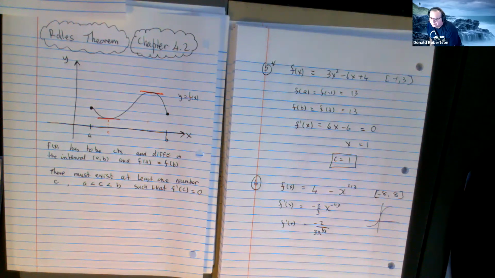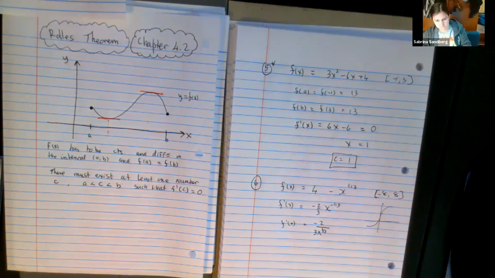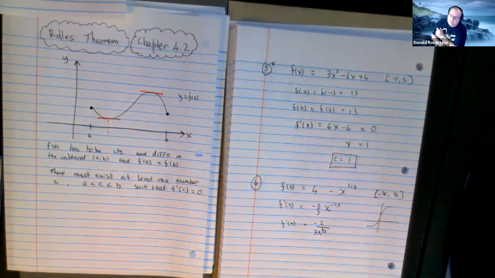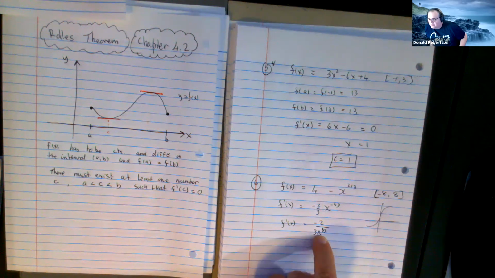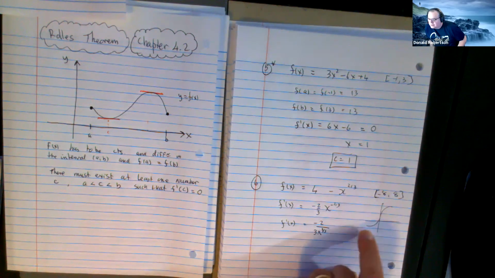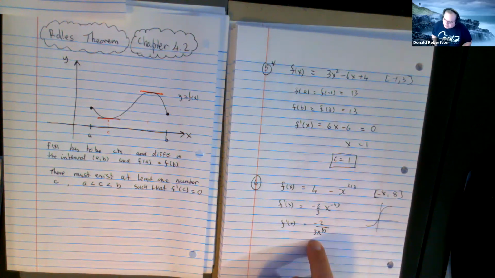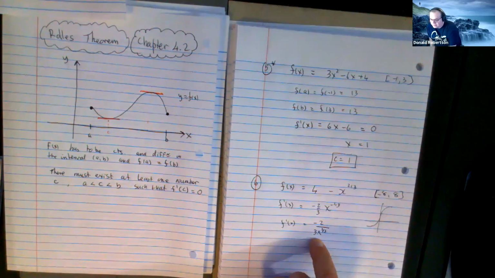Am I seeing a vertical line in the middle of that? Yeah, you are. And what's happening to the derivative at 0? Isn't it infinite? That's why you're seeing a vertical line here. So would you agree that the function is not differentiable at 0?